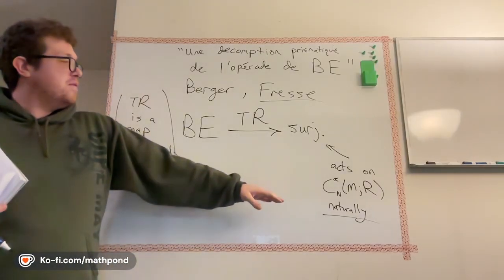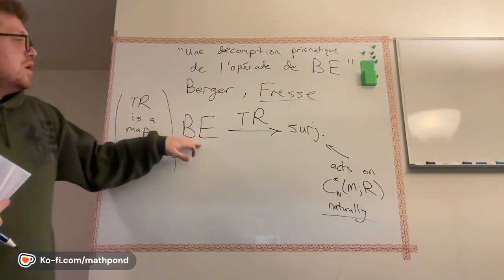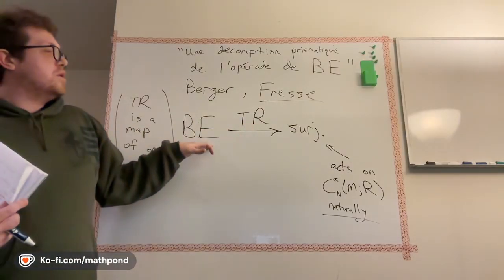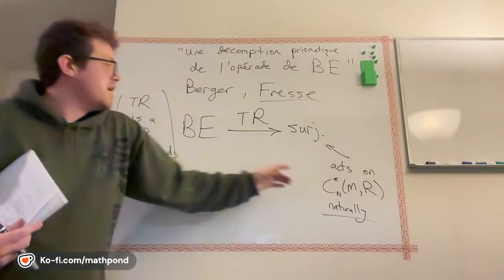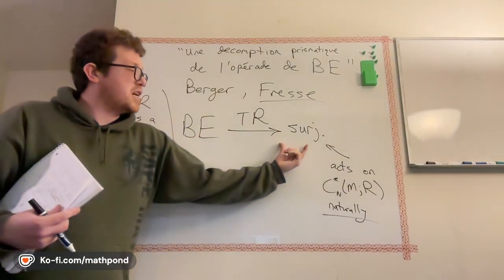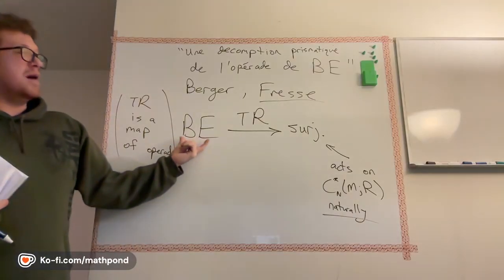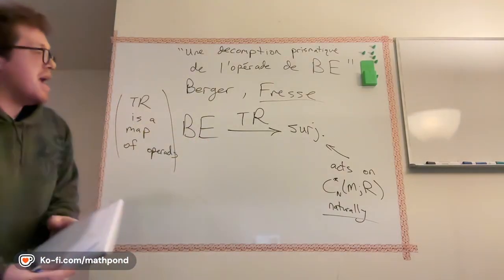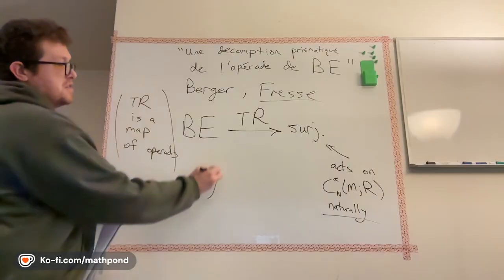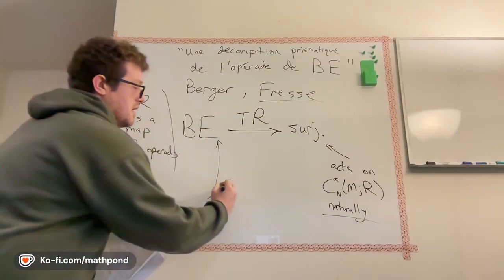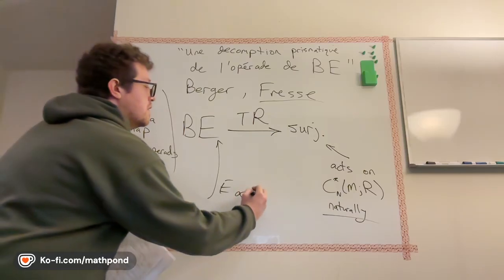We have BE, we have an operadic map, and so in order to have an action on here, I can just apply everything to surjections and then have them apply on here, and now I have an action of BE acting on here. And the reason we want this is that this is constructed in a way so that this is an obvious E infinity algebra.